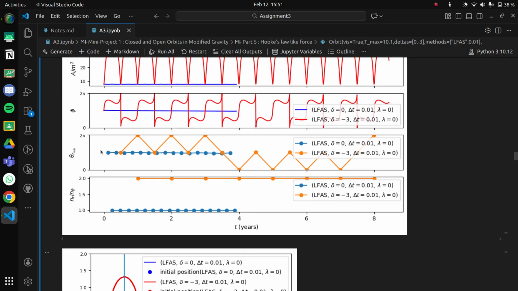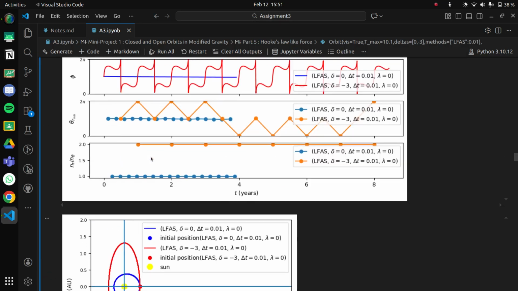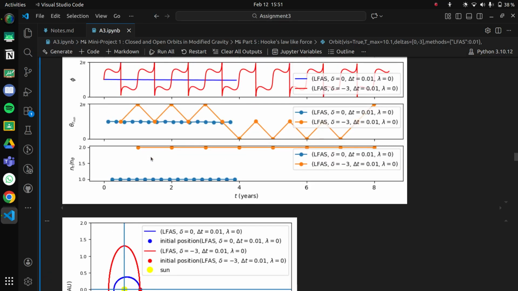So the main thing we want to look at is the theta r minimum. So that weird precision that we were observing, it's gone.